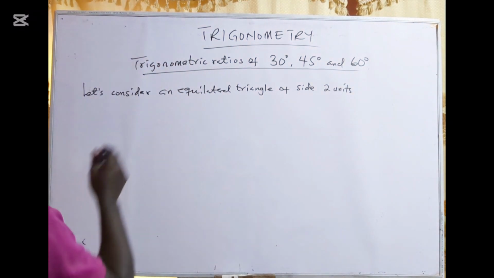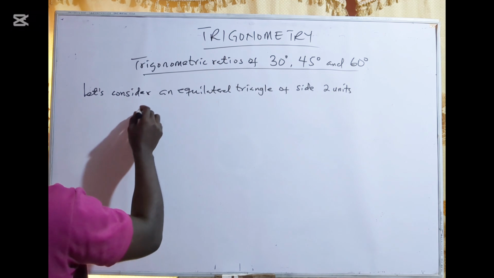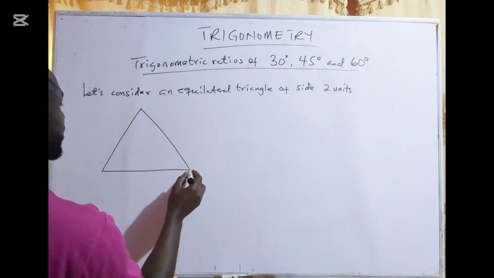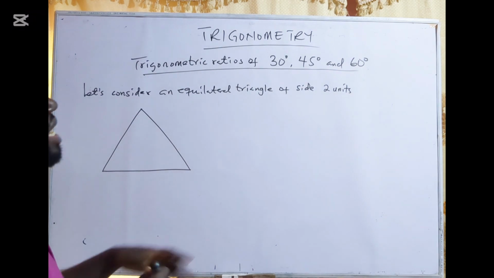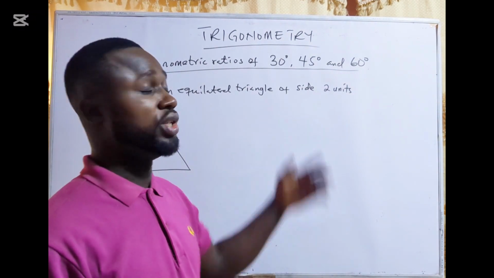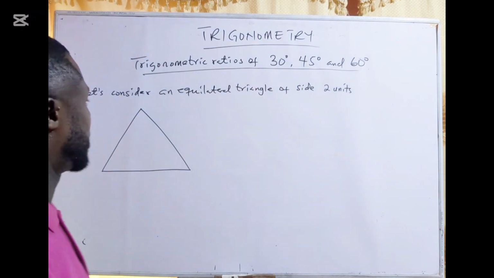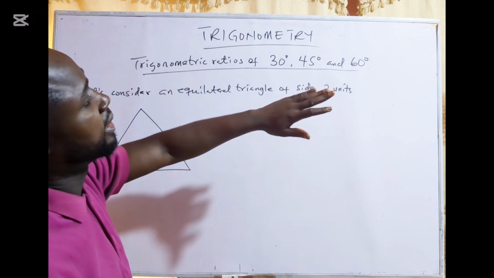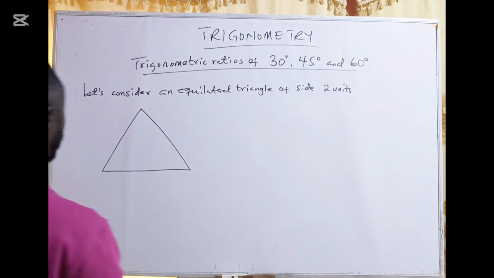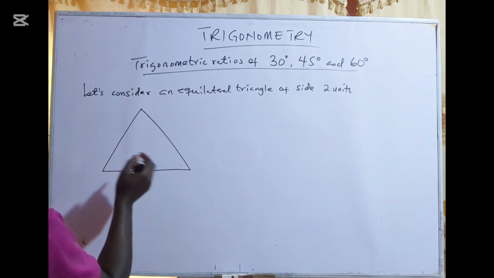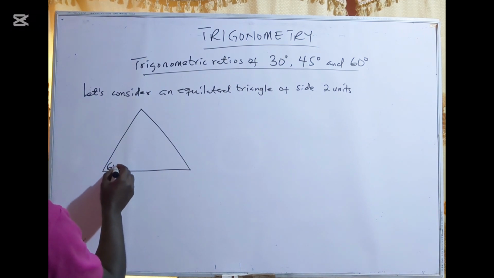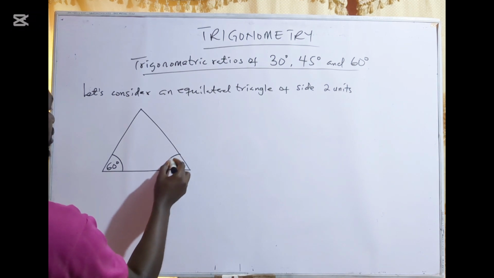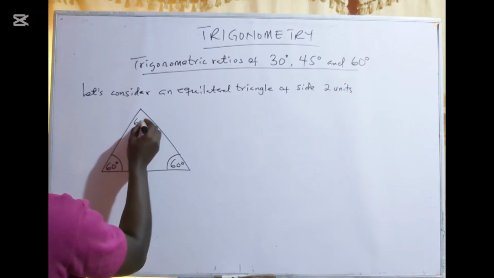Let's draw an equilateral triangle. You can pick any unit at all, but 2 units makes it easier for us. We are picking equilateral so that we can get the 30 and the 60. In an equilateral triangle, each interior angle is 60 degrees. So here will also be 60 degrees, and here also 60 degrees.